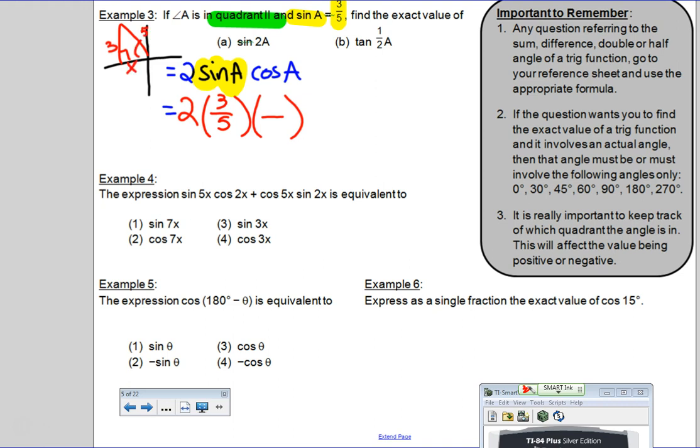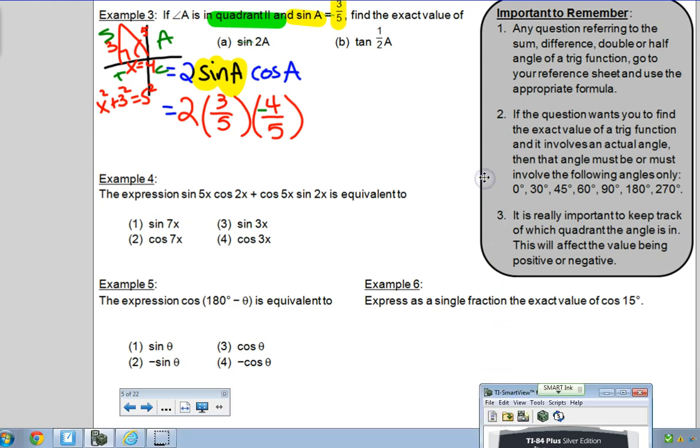I'm just going to tell you, you do Pythagorean theorem, but you might recognize that this is a 3, 4, 5 right triangle, so it's going to end up being 4. So now I know that the cosine is A, which is 4, over H, which is 5. And we're in quadrant 2. So sine is positive, cosine is negative. All right, we have all our values.